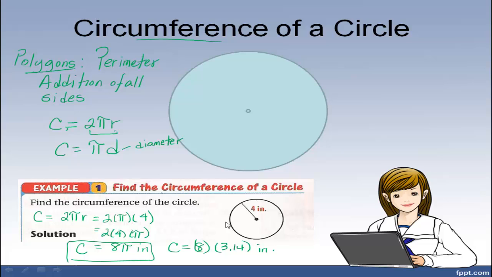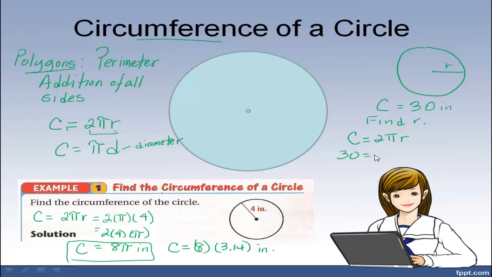Now, you can also be given the circumference and asked to find the radius. Let's say, I'm going to give you an example here. Let's say I give you a circle, and I say that the circumference equals 30 inches. And I want you to find r. First thing you do, you write your formula for circumference, fill in the information you have.